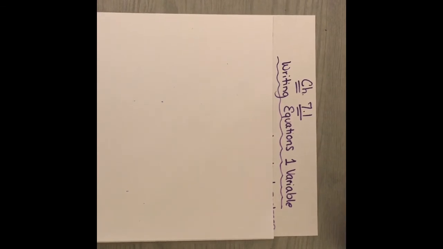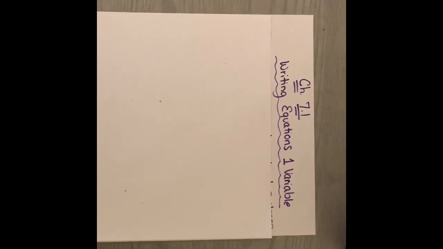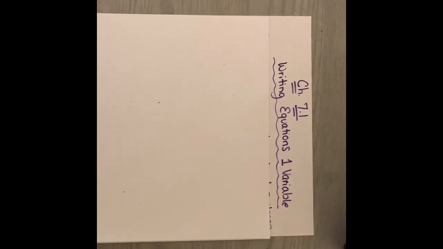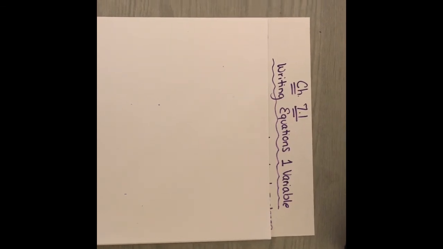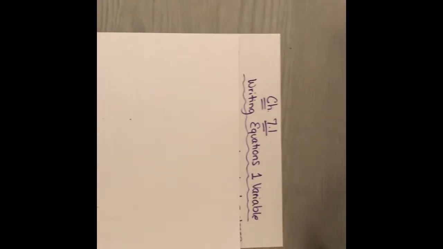Okay, so chapter 7.1, it's called writing equations with one variable. Variable meaning we're going to use one letter, and equations are going to be what we're going to be solving. But in this section, we're not solving, so we're just writing the equations based on words.